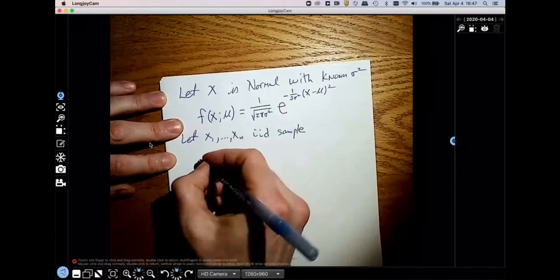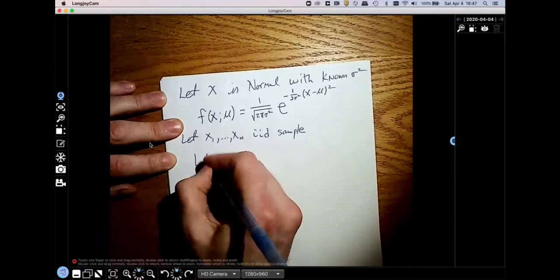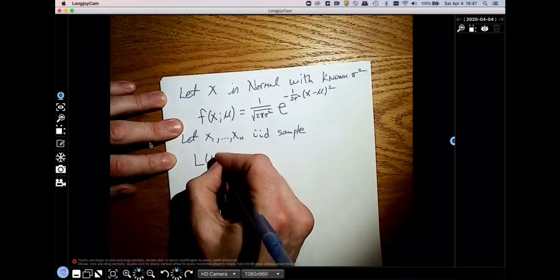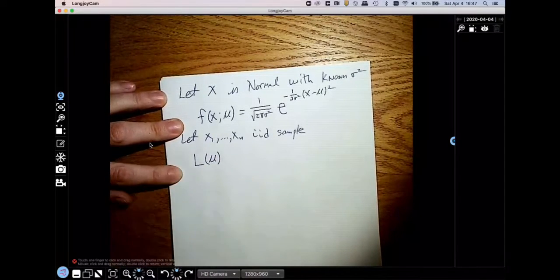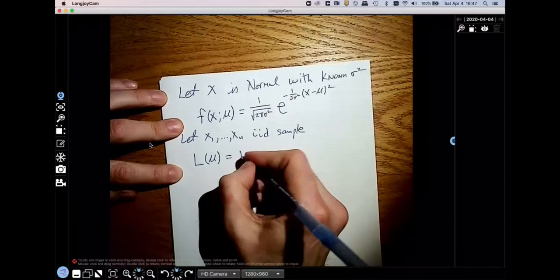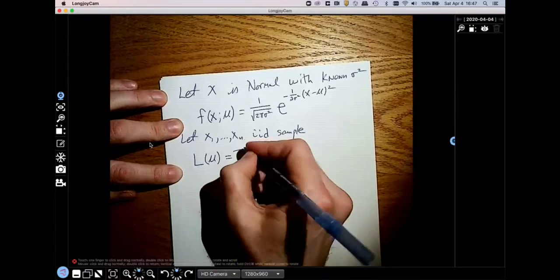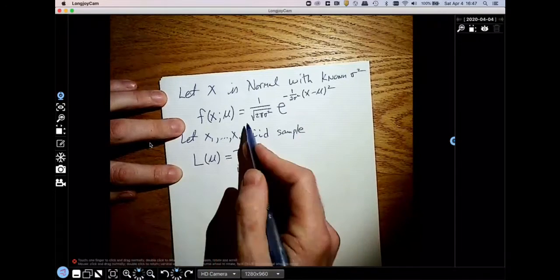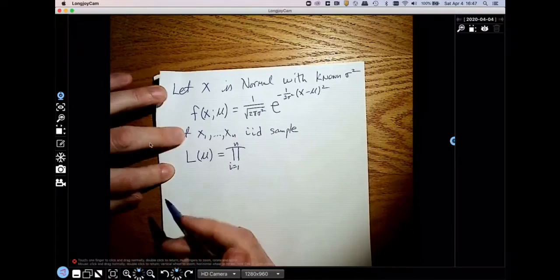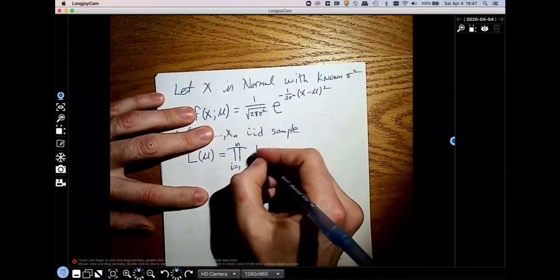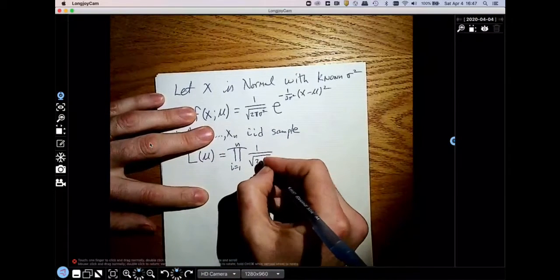Let's go write out the likelihood. So the likelihood in this case is going to be L at mu, and this is just going to be the product from i equals 1 to n of these individual PDFs. So I guess I'll copy it again.